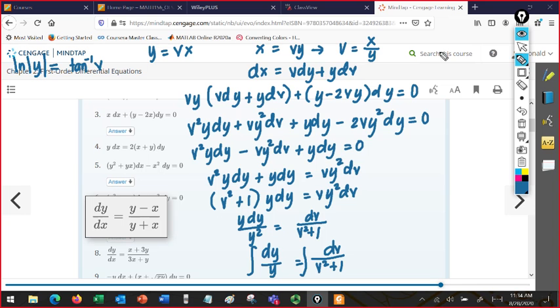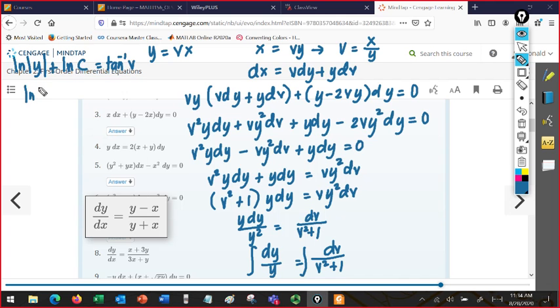And then I forgot something here. To apply the properties of log, so plus ln of c, I forgot to write that, is equal to arctangent of v.